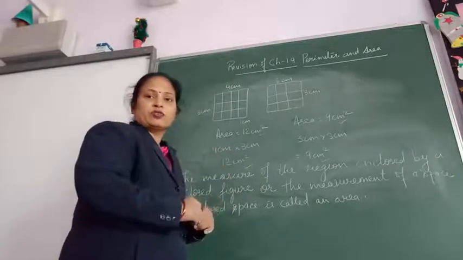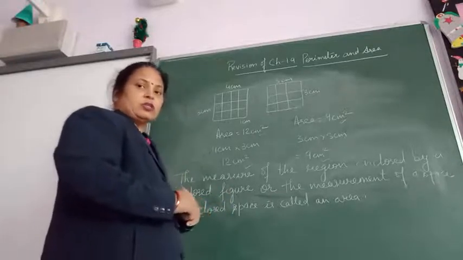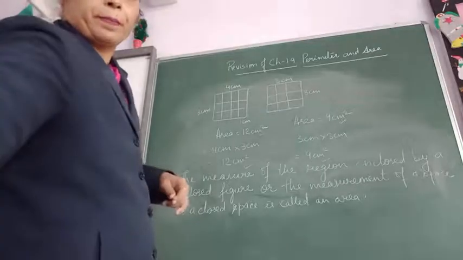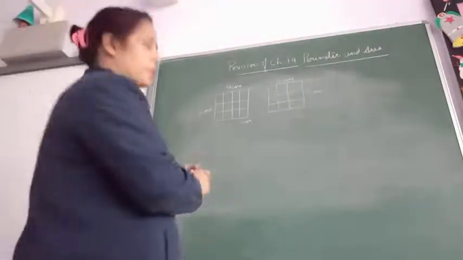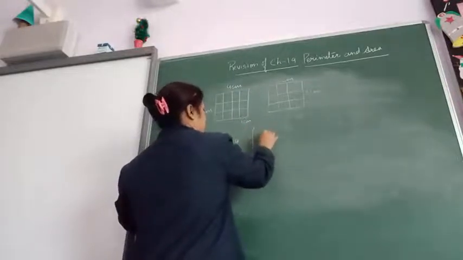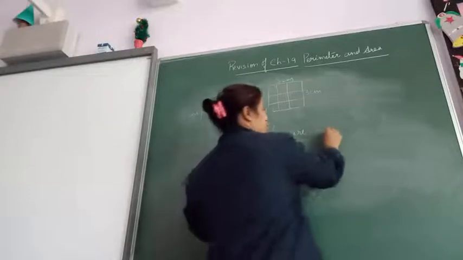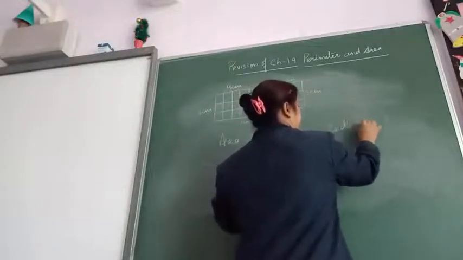Now I am going to give you the formula for the area of a rectangle and the area of a square. Now see, the area of a square has the formula side into side.